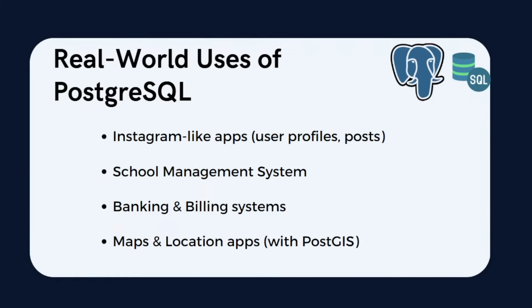User profile means each person who logs in to Instagram has a separate profile, and each profile is handled by the PostgreSQL database. Also, everyone makes posts in Instagram, and those posts are also maintained by PostgreSQL.